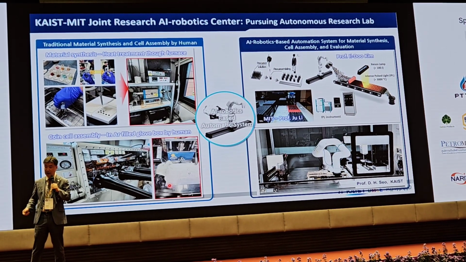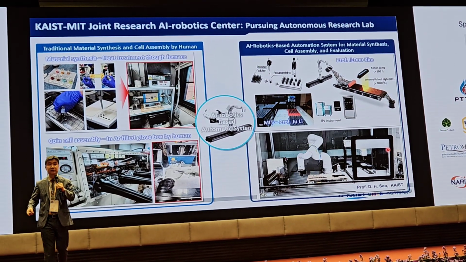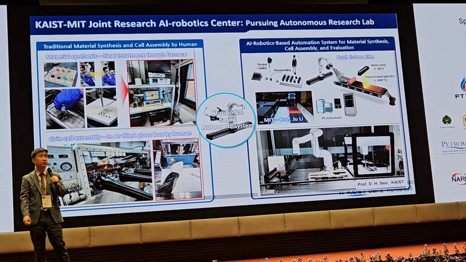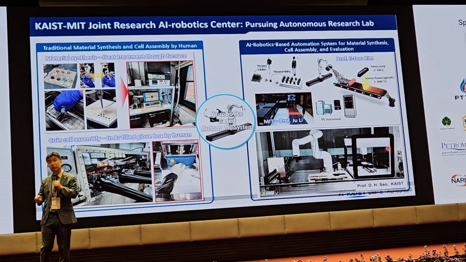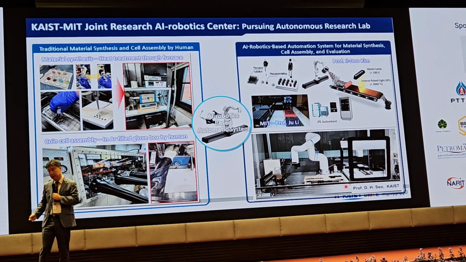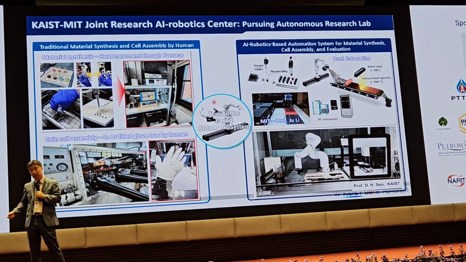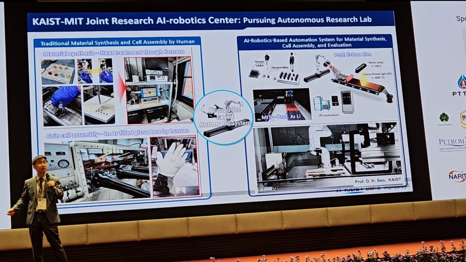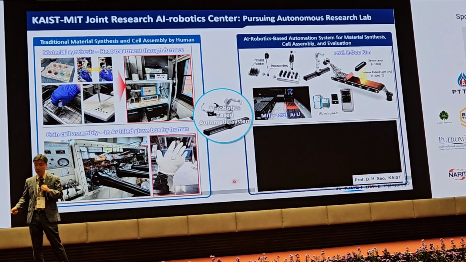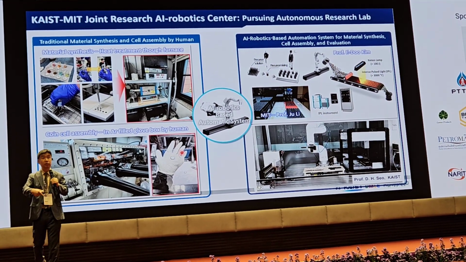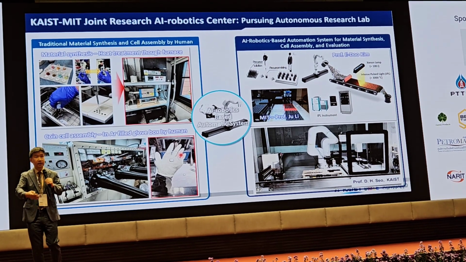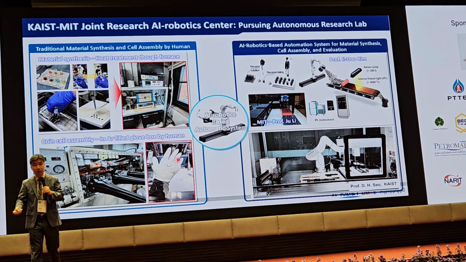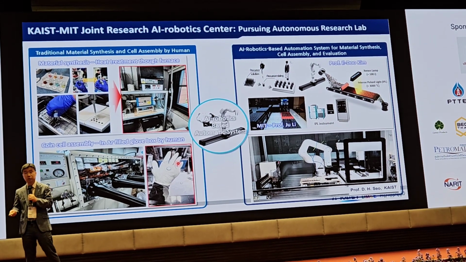So one of our colleagues made this automated cell assembly system. The cell characterizations are also conducted within this system. And now we are also developing autonomous material synthesis using this IPL, AI-driven materials design. After that, we use a robot system to develop a broad range of nanomaterials and also energy device fabrication.